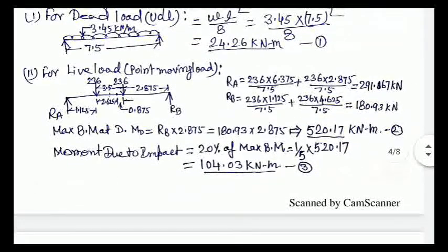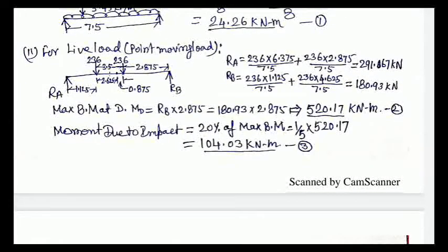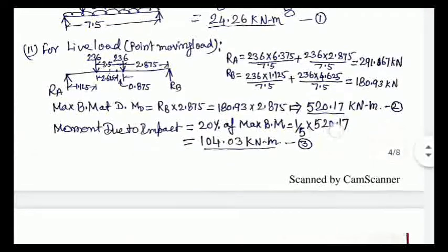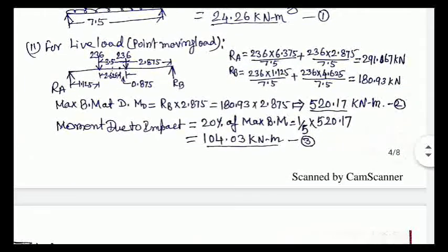So RA and RB, we can find out RA to be 291.867 kilonewton and RB will be 180.93 kilonewton, and maximum bending moment will be under the load at D. So maximum bending moment comes out to be 520.17 kilonewton meter.